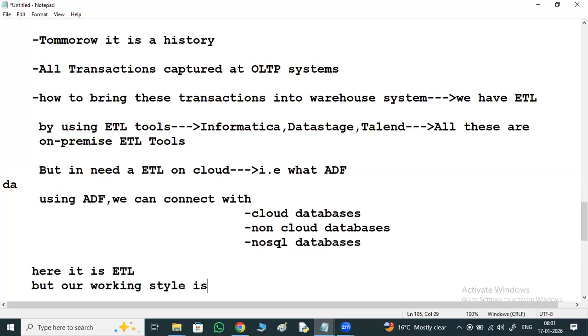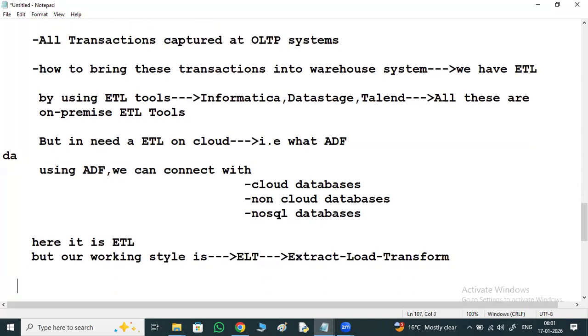Our working style is ELT. What is ELT? Extract, load, transform. ETL is for small volumes of data, that is in GBs.